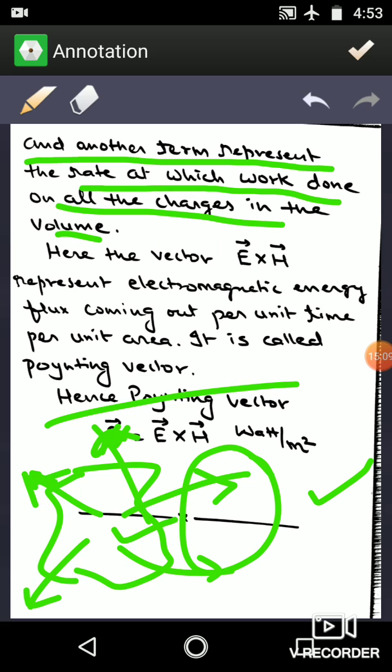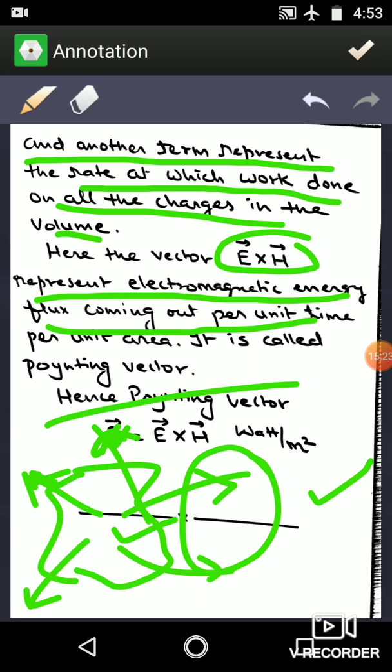If we move to the previous page and see the quantity E cross H, what does it represent? It represents the electromagnetic energy flux coming out per unit time, per unit area.